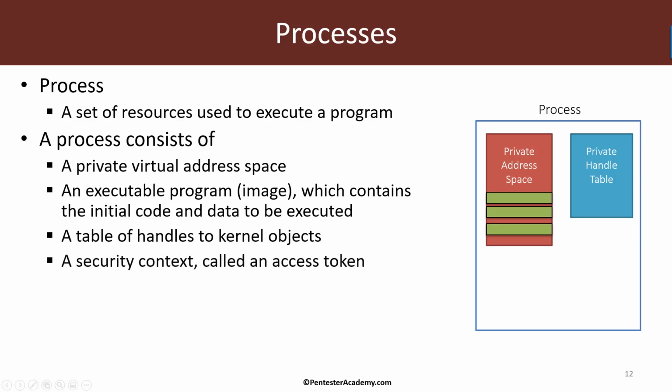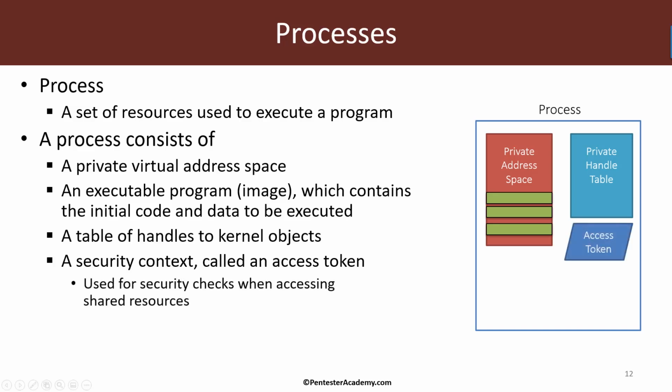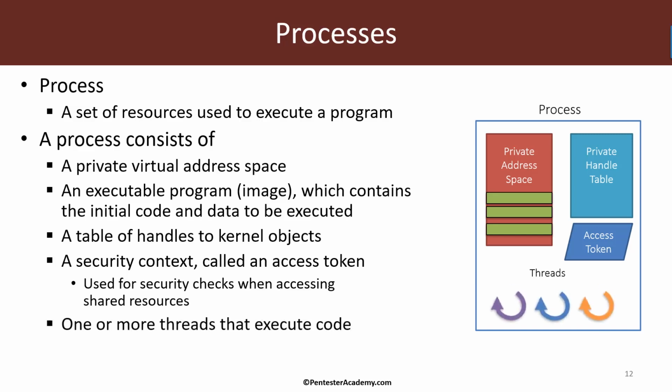We have something called an access token, which represents the security context of the user running the process, which encapsulates information such as which user it is, to what groups it belongs, what kind of privileges it has, and so on. This is used for access checks, for instance. When we try to open a handle to an existing object, this may fail if we don't have the appropriate access.